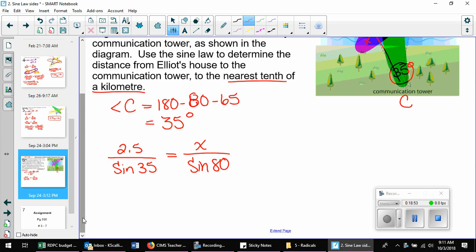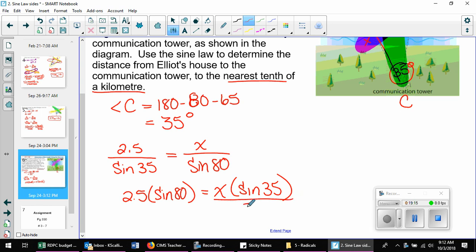So I have 2.5 times sine of 80 equals X times sine of 35. This is the end of cross multiplying. And we don't ever really pause here and say, okay, we've cross multiplied. We've got to do more math to get what we want. So now this is dividing by whatever coefficient is in there.